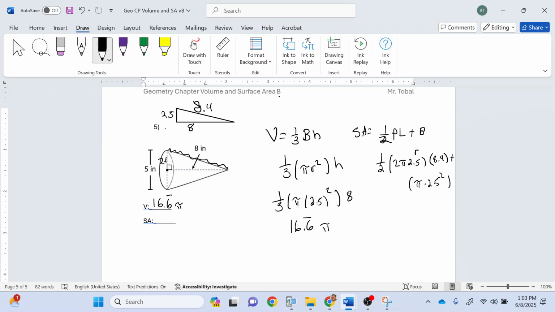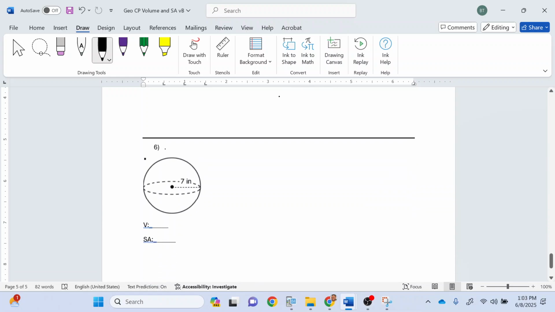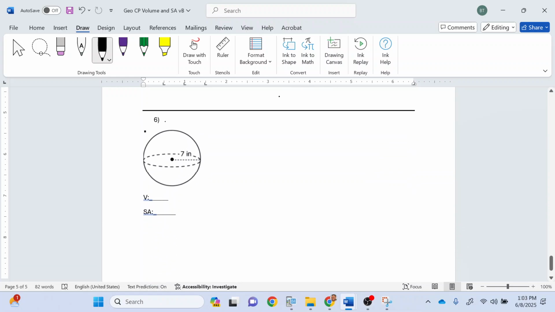So this is 8.4 times 2.5, so that's 21 pi over here. Plus 2.5 squared should be 6.25 pi. So add that together. That's going to be 27.25 pi. Okay.